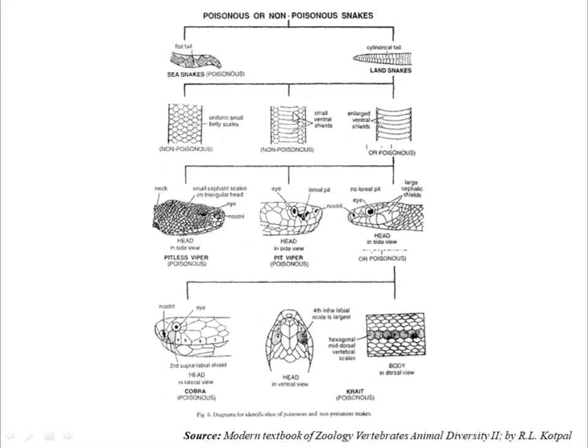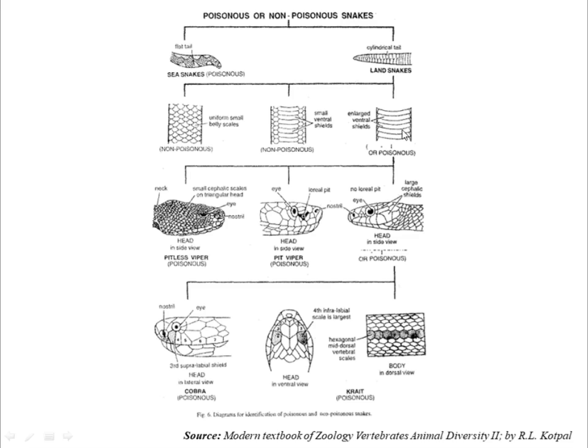The second category includes small ventral shields and small belly scales present on the sides of the ventral shields. If this is the condition found in the belly, again the snake will be non-venomous.